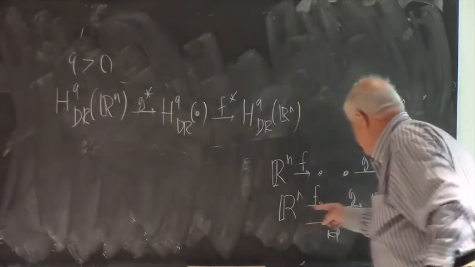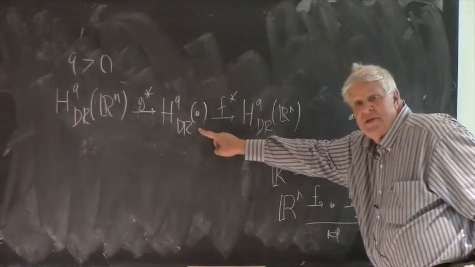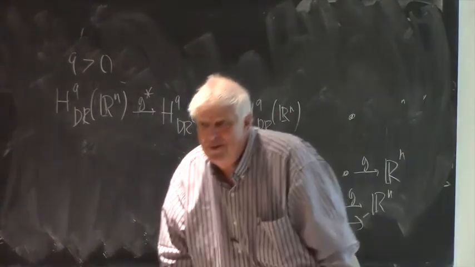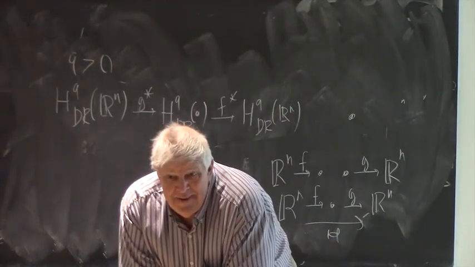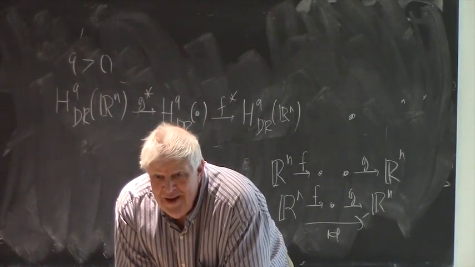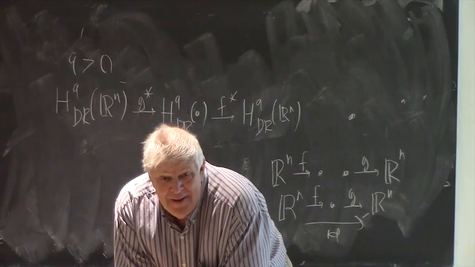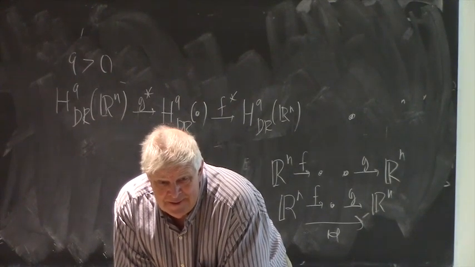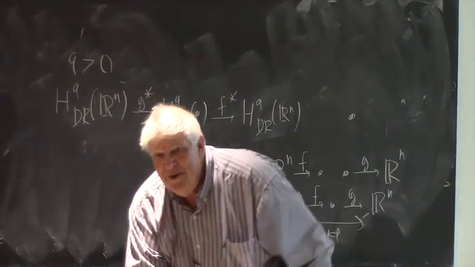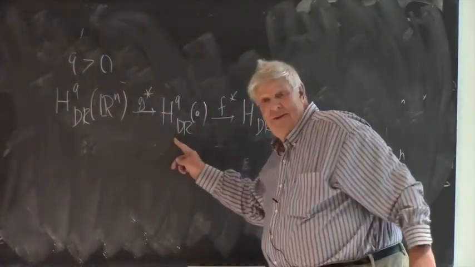So this composition, but what do you think of this space? Just one point. I personally have never seen any non-zero differential form of a positive degree on the one-point manifold. Maybe you were more lucky. So from my point of view, this is 0.